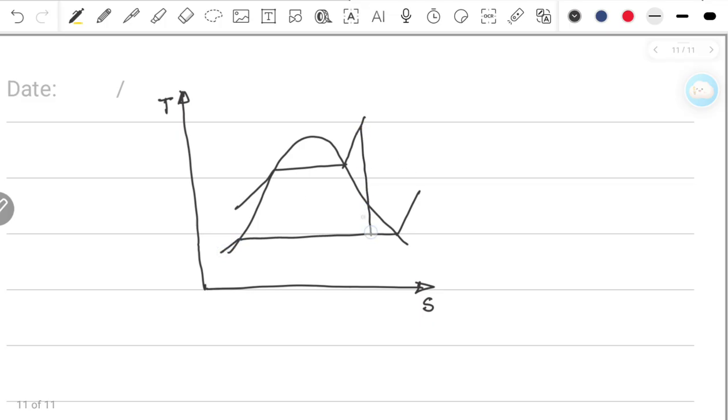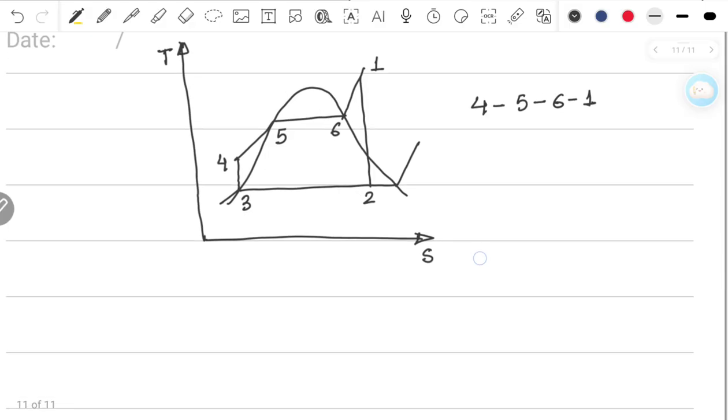This was the turbine, and this is the pump. If these points are 1, 2, 3, 4 and 5, and let's say this is 6, then processes 4, 5, 6 and 1 all happen inside the boiler. So let us try to understand what is happening where, what these are called, and what fraction of energy is taken up by individual terms.